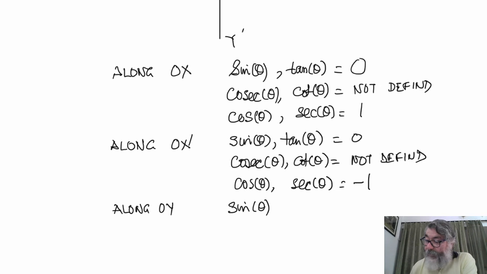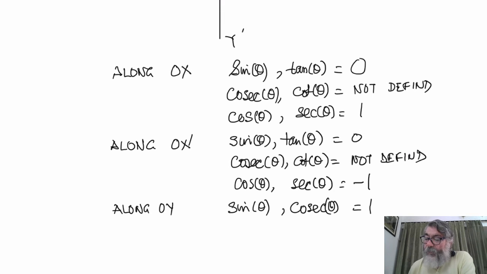And if sin 90 is 1, then cosec 90 will also be 1. Sin and cosec are both 1.